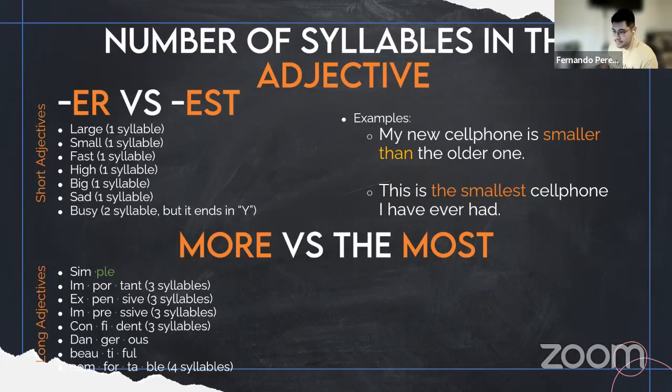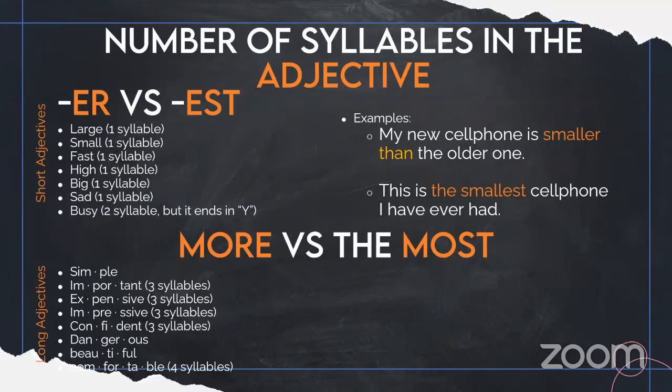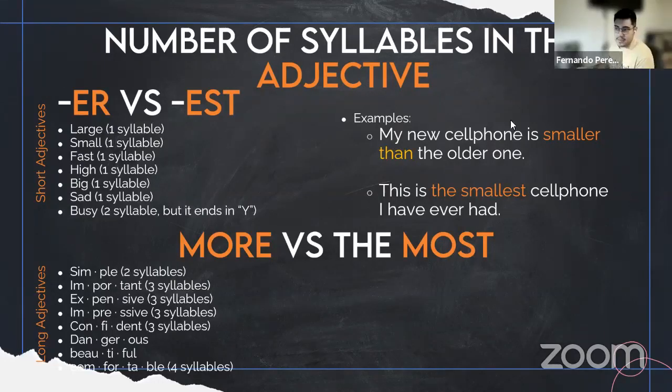How many syllables? 2. 2 syllables. But teacher, what happened? In -er, you have 2 syllables. Yes, but in this case, it ends in Y. This is an exception. Okay?